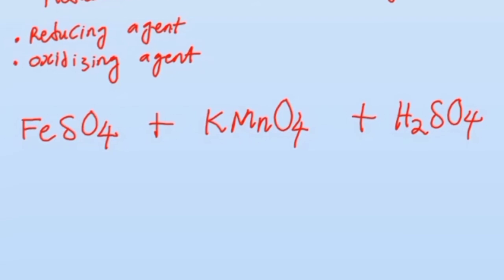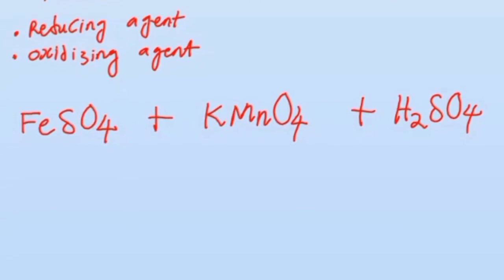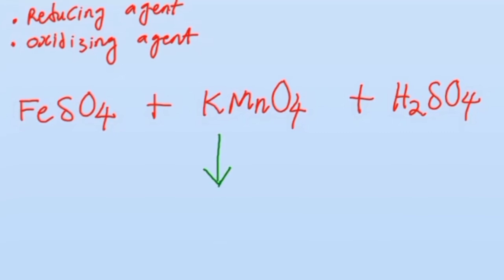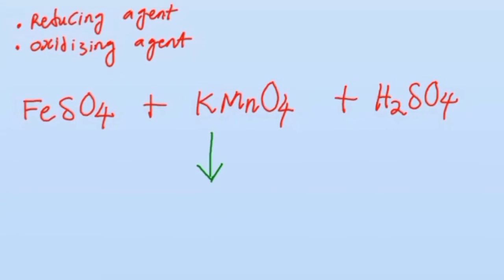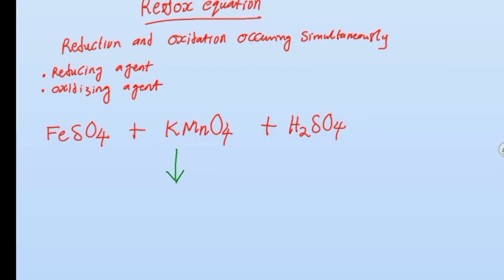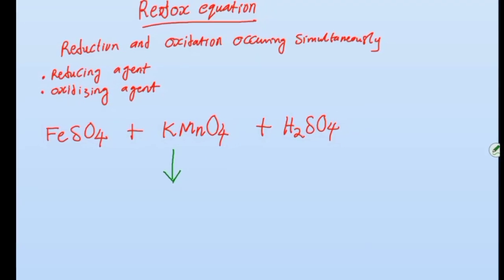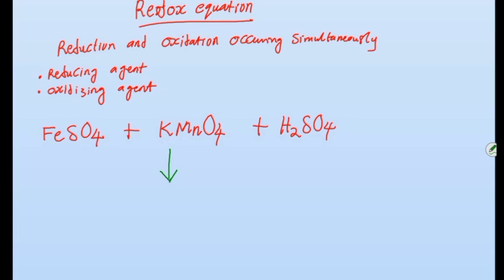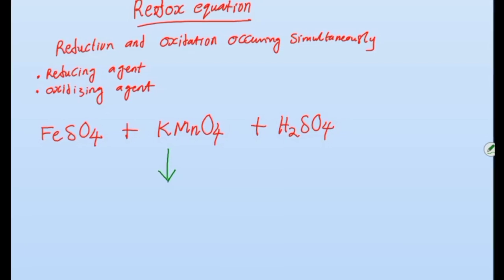This reaction should proceed to give us some products. To be able to determine the products formed, first and foremost, you must know what the oxidizing agent is and the reducing agent is.